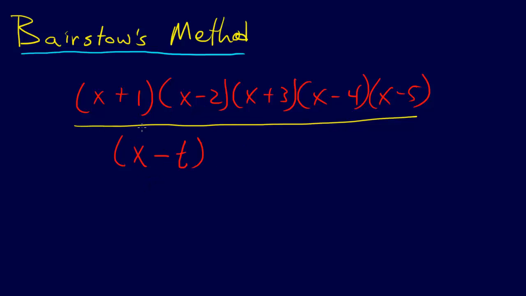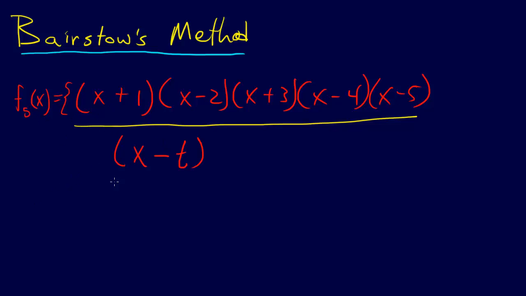Then we could actually represent, after we do this division, we're going to get a polynomial of a lower power. If the numerator were f of x, so this is fifth order, let's call that f5 of x because it's a fifth order polynomial.